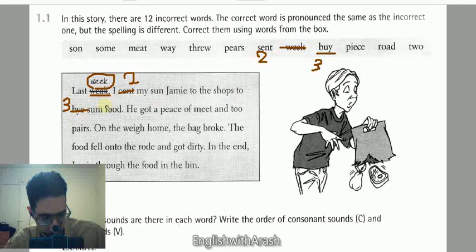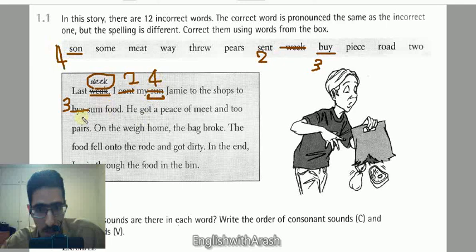Jafar says some. Saman says sent. Good. Someone says son. Oh, interesting. We didn't see this. Yes, good Saman. Son. So let's call this number 4. Good, Ashraf.